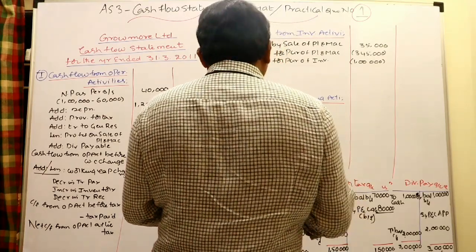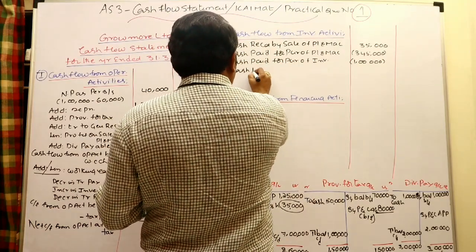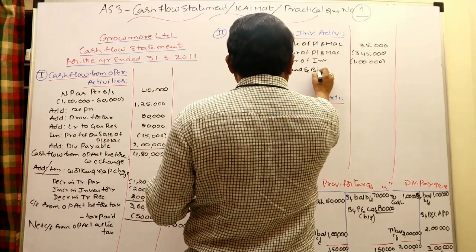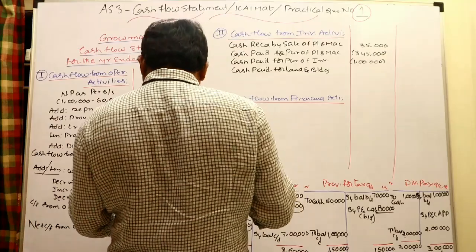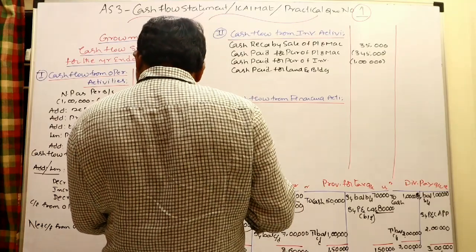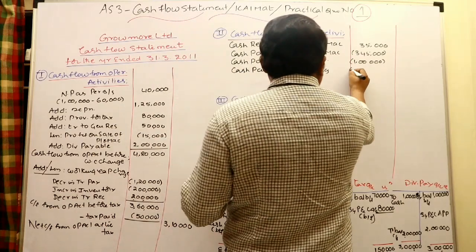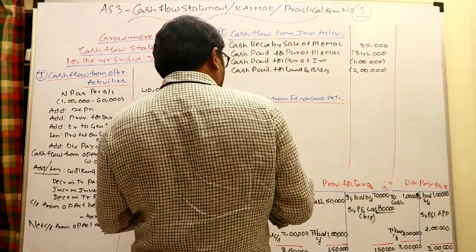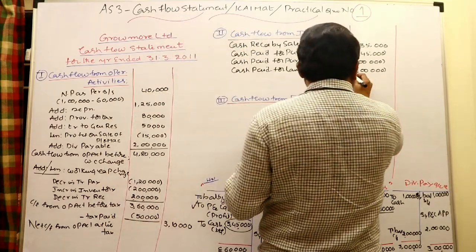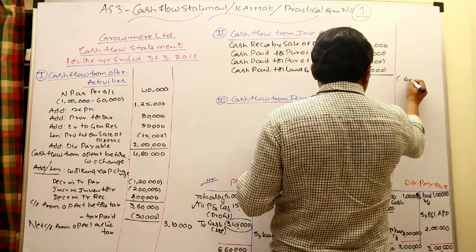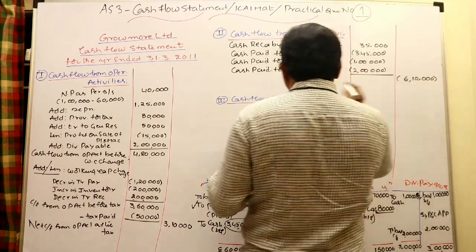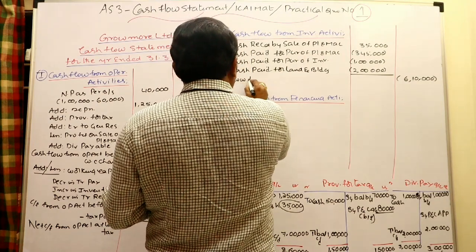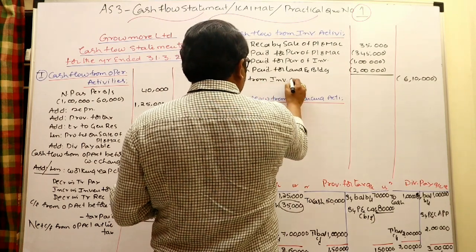Cash paid for land and building, it looks like 2 lakhs. That's all. 3 outflow items are there and 1 inflow item, 35,000. No more items. Net result 6 lakhs 10,000 outflow. This is the net cash flow from investing activities.